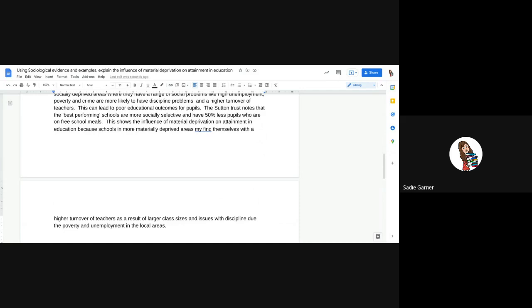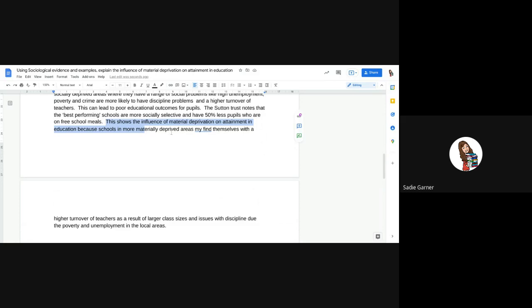So again, what we're trying to infer there is, is the child going to be able to concentrate if they haven't eaten breakfast, or if that breakfast isn't as nutritious and doesn't fill them up for as long? Or is a child going to concentrate on Pythagoras when actually they were just burgled last night, or there's a court hearing taking place?